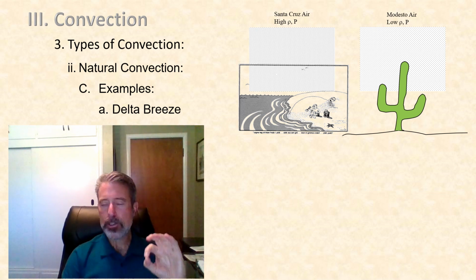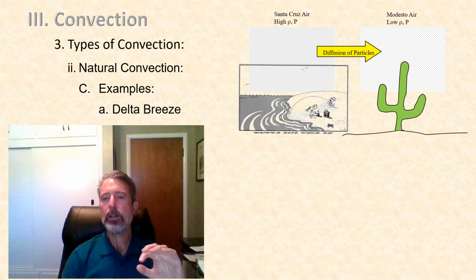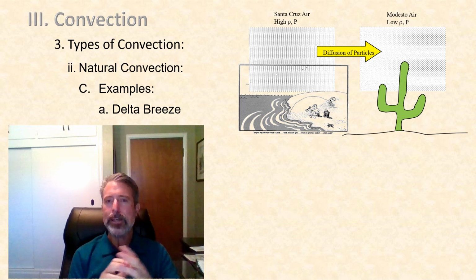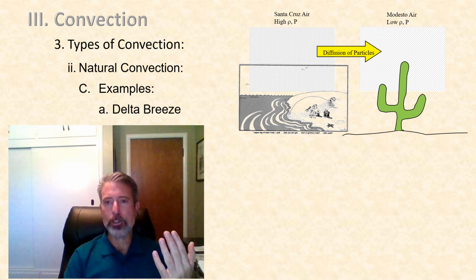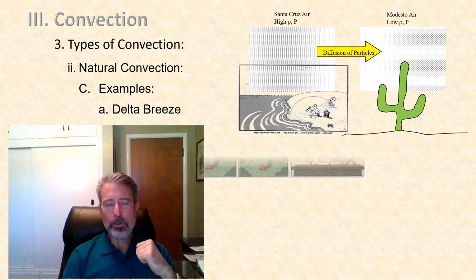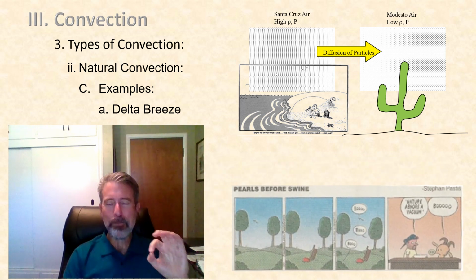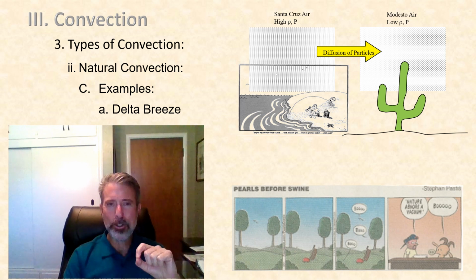This difference, this pressure gradient, this density gradient, is now going to cause the diffusion of particles from the high pressure, high density region to the low pressure, low density region. So in this case, this is going to cause lower temperature air particles to move inland, giving us these cooler breezes.